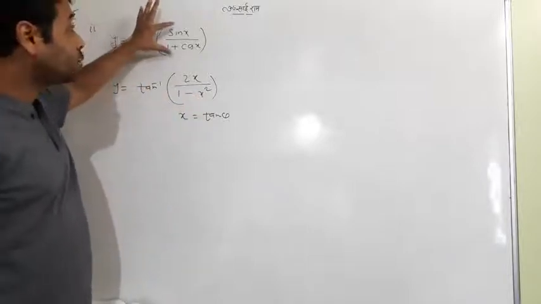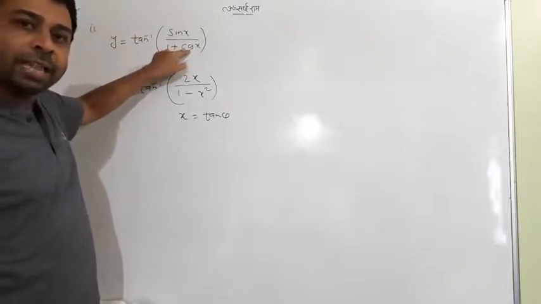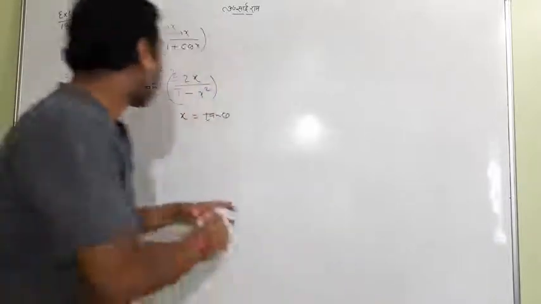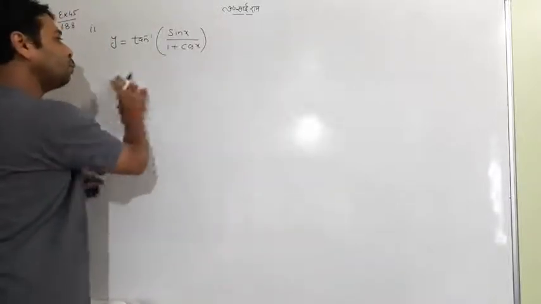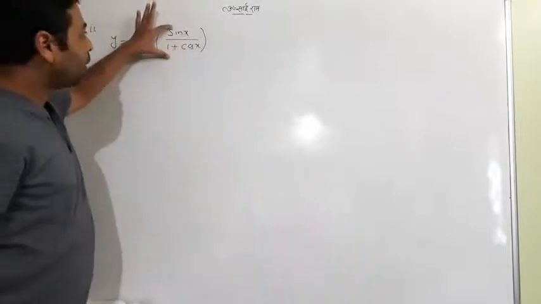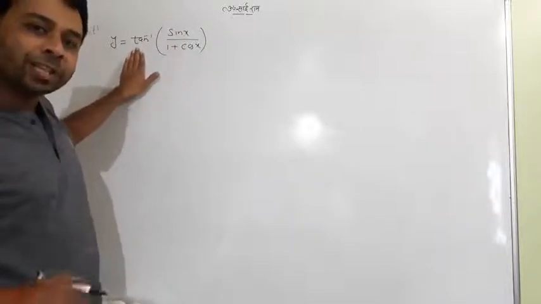But in this question, a sine or cos like term is already given, so we cannot substitute any value there. So what to do? We just have to simplify the term, and we will simplify it so that I can make it either tan or cot.